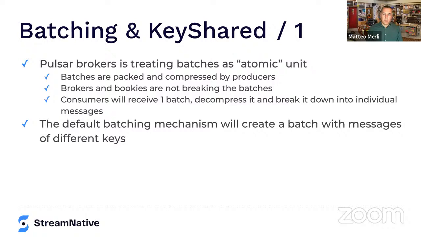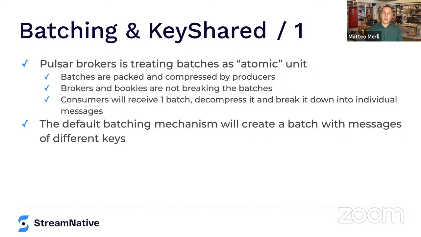The problem here is that KeyShared goes a bit against the best practice that we have on other subscription types, in that by default we try to batch as much as possible. Building big batches leads to fewer batches, which means less interaction between clients and brokers and bookies, so it becomes more CPU efficient.